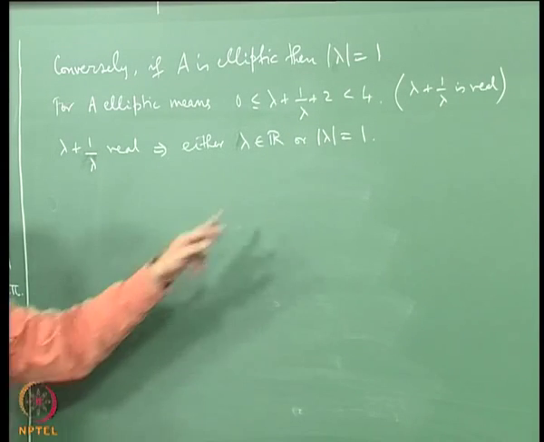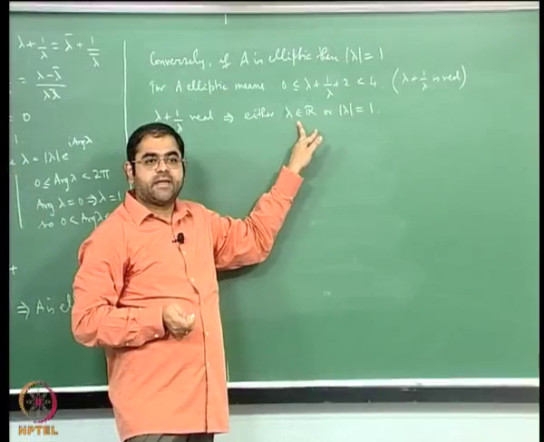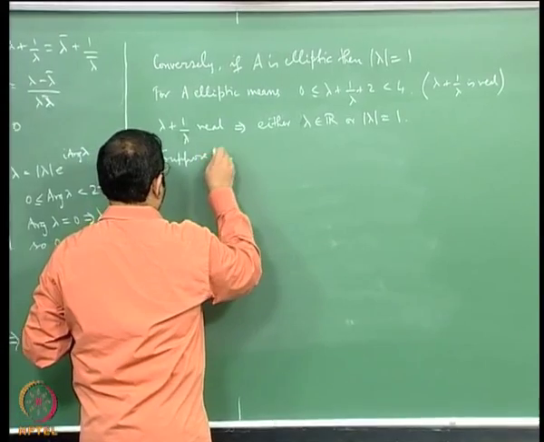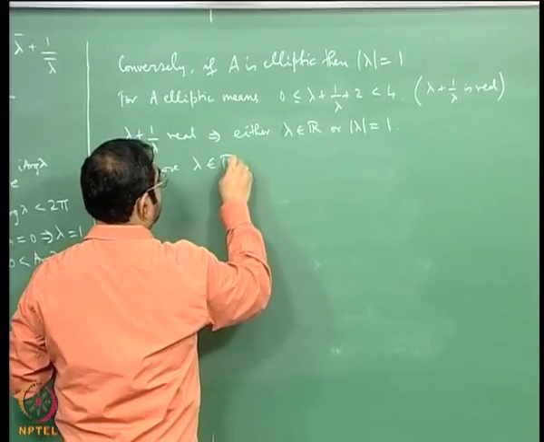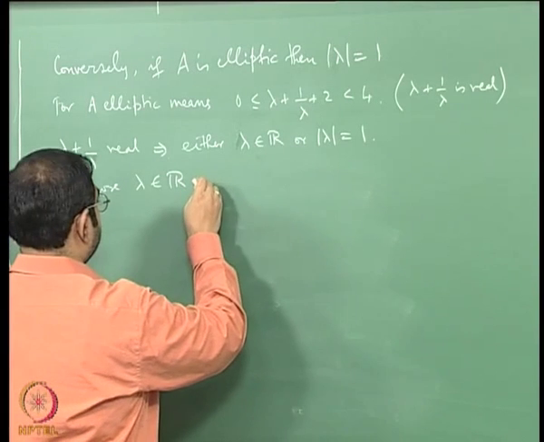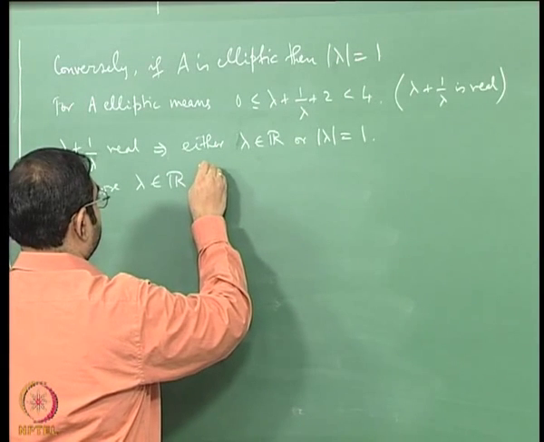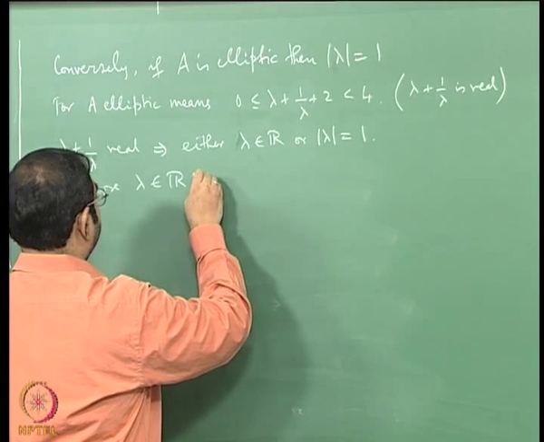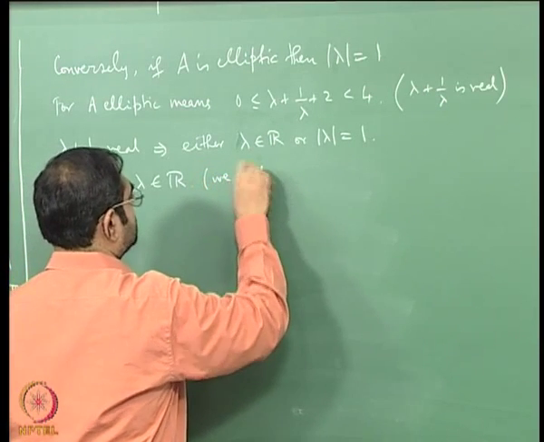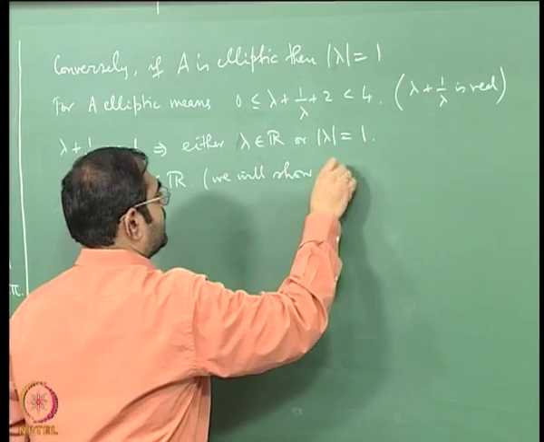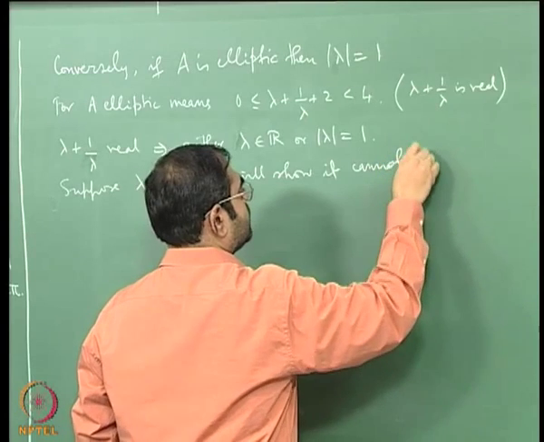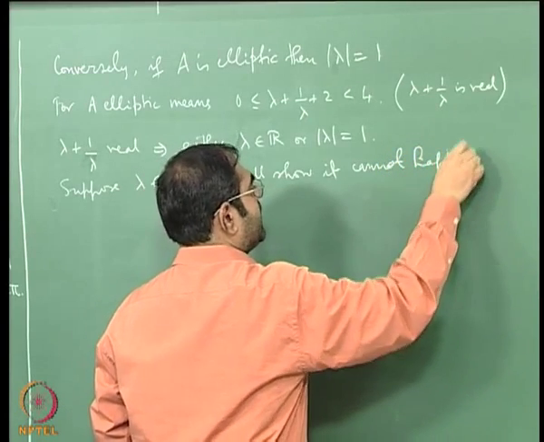So what we will have to do is exclude the case when lambda is real. Suppose lambda is real, so this is the case you have to study. Alright, so we will show it cannot happen.